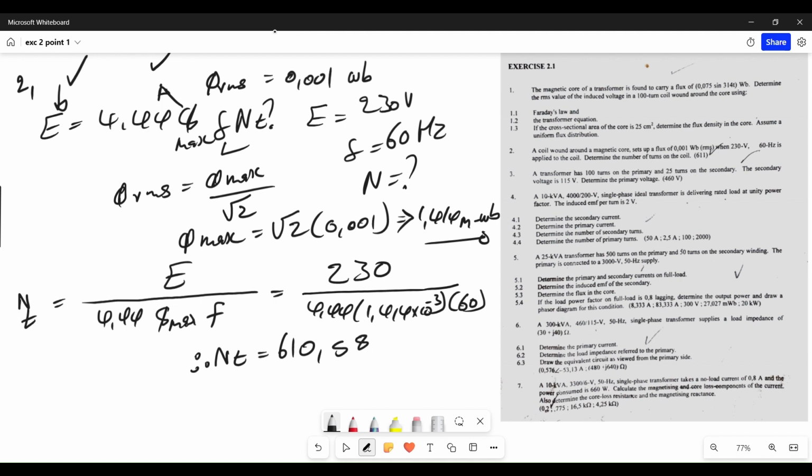So I'm gonna round it off, and it becomes 611. So that's the number of turns that I needed. So we solved question number 2, and as you can see on the right hand side for number 2, there it is, 611.